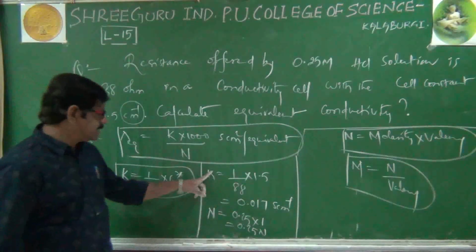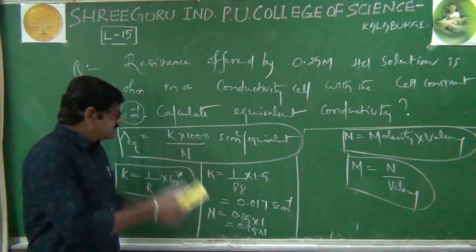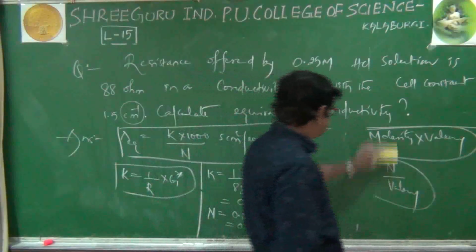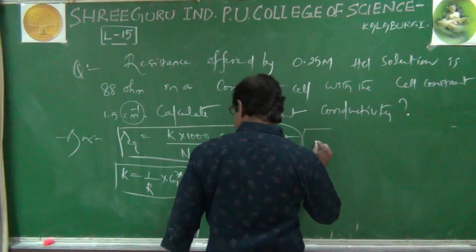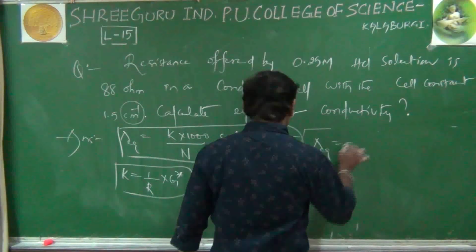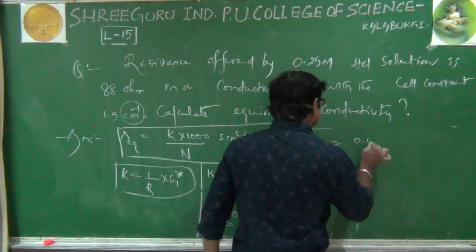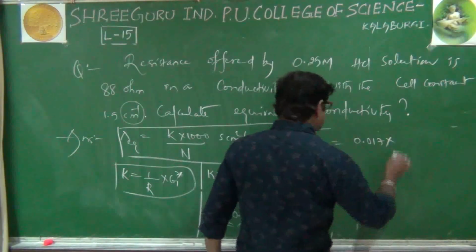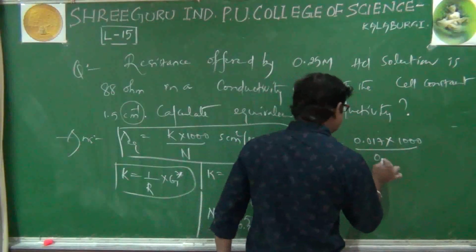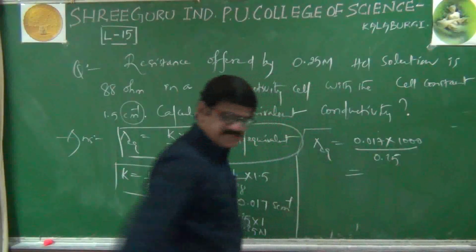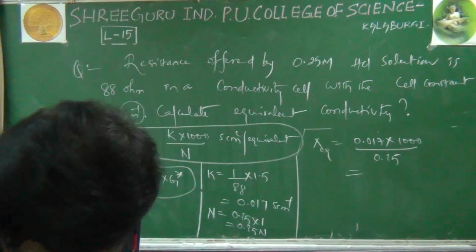That's all. K is available, N is available. See here, K and N, both are available. We'll just substitute, and we will get the final answer. Therefore, lambda equivalent conductivity is equal to K 0.017 into 1000 divided by normality 0.25. If you simplify that value, you will get 68.